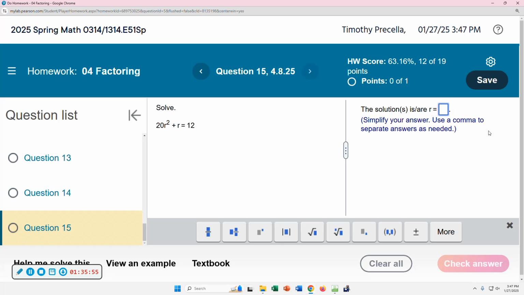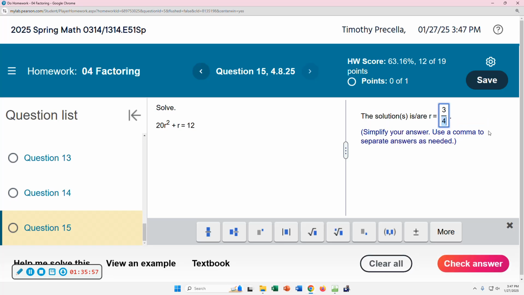So it's 3/4. Don't do what I just did. You see how the comma's in that blue box? Do not do that. Even though they might accept it on this one answer, I assure you it's going to get to an important point.